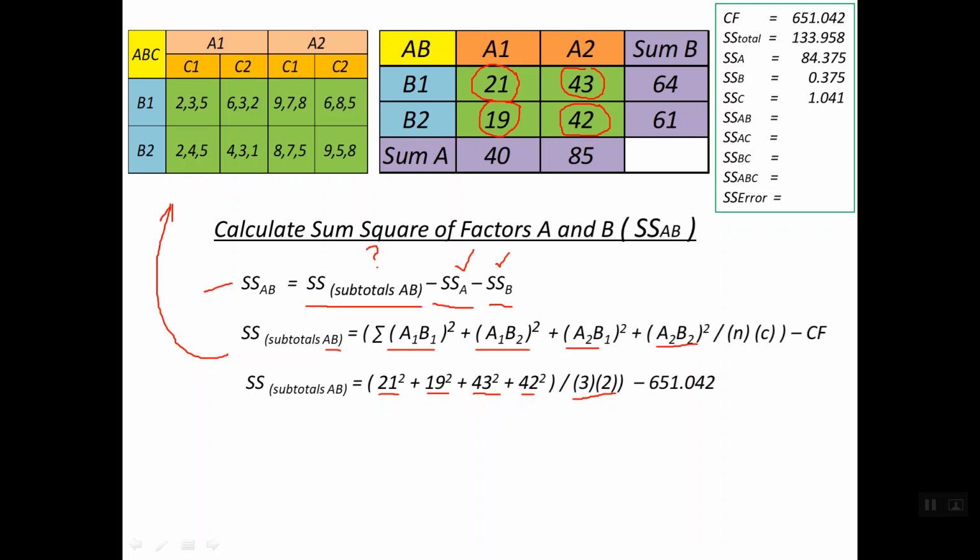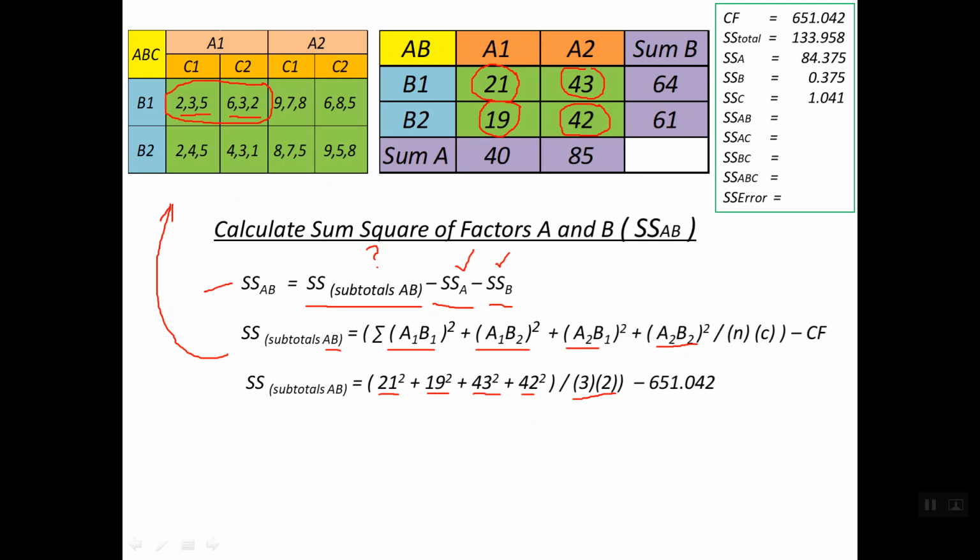A1B1 represents all of these observations. So if you count all of these 6 observations, you will get 21. We have in the first group 10, and in the second group 11, so the total is 21.